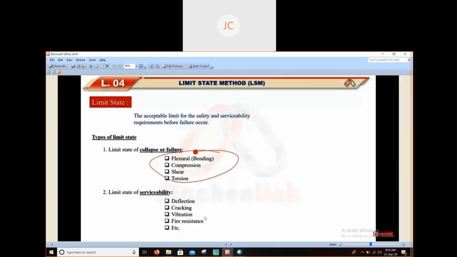Whenever your train is moving, you can feel that near the railway tracks, huge vibration is occurring. So whenever you are designing the nearby portion of an embankment or railway track, this vibration force is the major one, so we have to consider it.